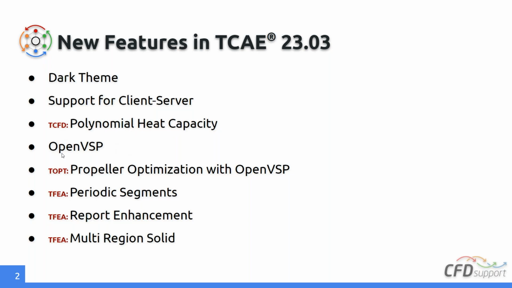The OpenVSP package binaries are directly in the TCAE package, and you can use them for the optimization loops. And one new example and new case is the propeller optimization, the drone propeller with OpenVSP.